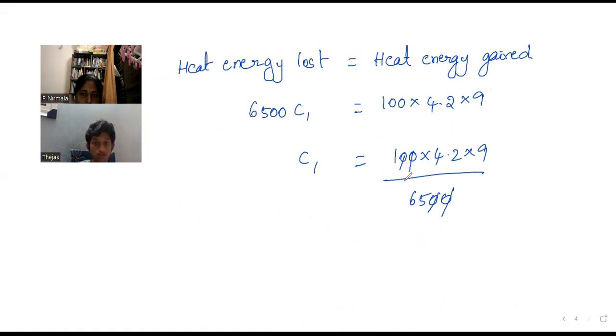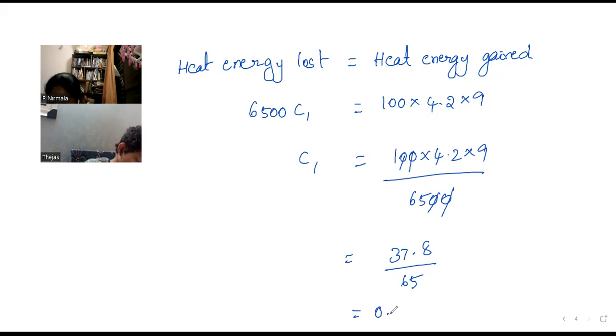How much will you get, you see? So 0 point only it will come, because 37.8, so 37 is less than 65, 8 also we have to take, so decimal we have to take.